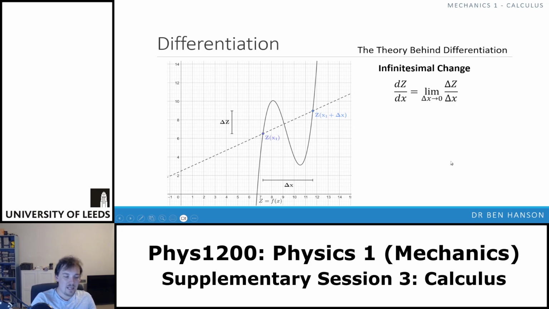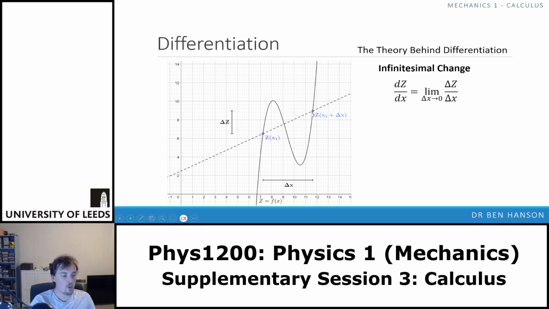It's the limit of this function as delta z and delta x tend to 0. Well, what that means is we're going to take delta x smaller and smaller and smaller, and as we do that, delta z is also going to change. It's going to change as delta x goes down and down. So here's delta x.